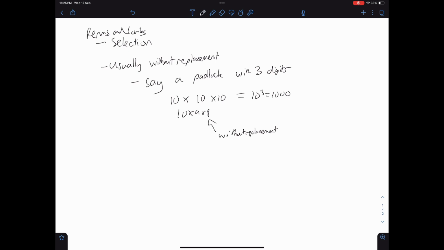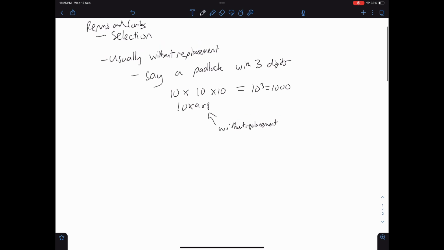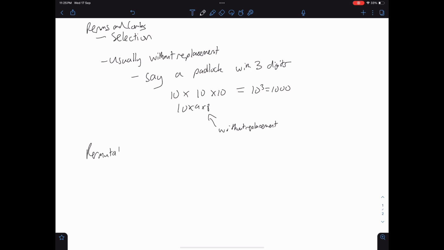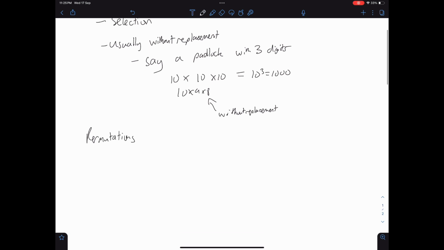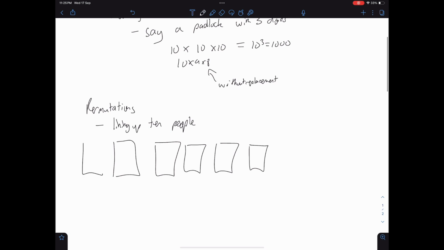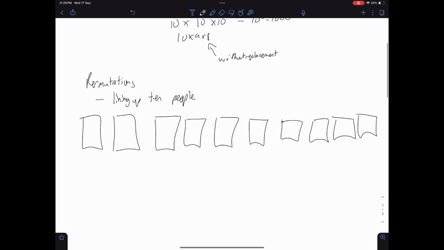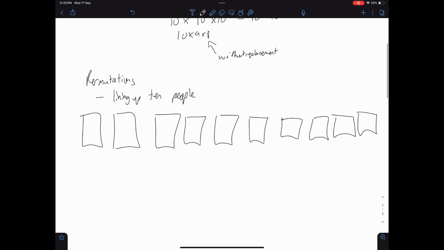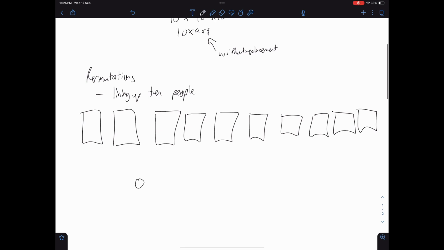And so we'll just get straight started into permutations. Let's imagine you're lining up 10 people. These rectangles I've just drawn are spots in the queue, and then we have each person.